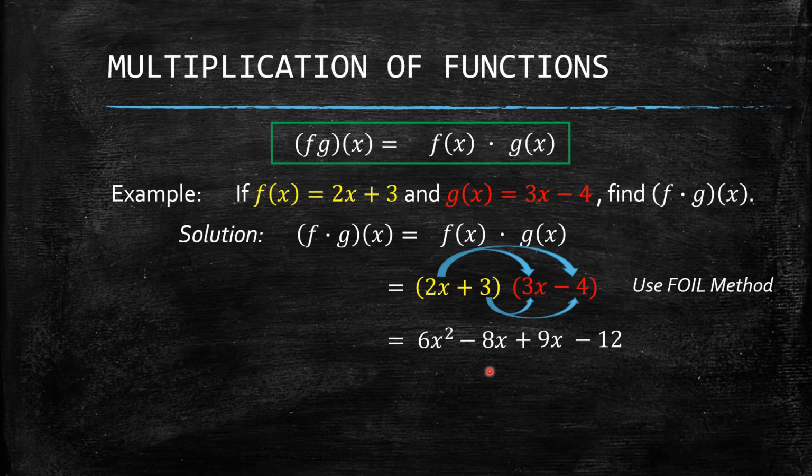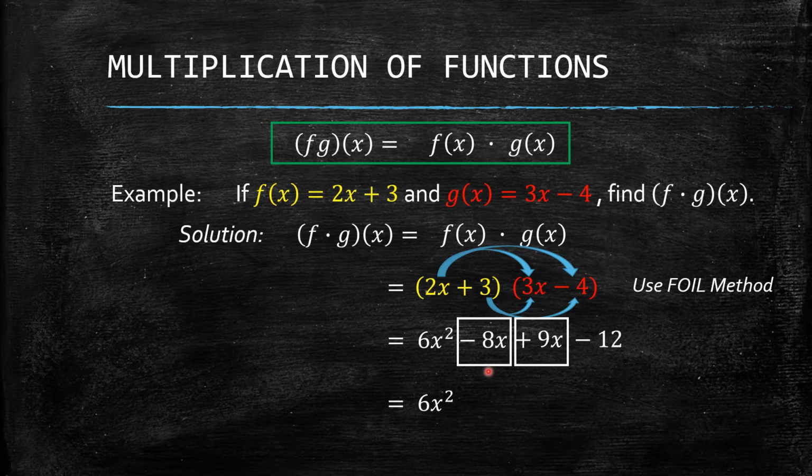So, when we say similar, they must be the same variable, they must be the same exponents, or the same constant as well. So, for this part, 6x squared has no similar terms, so we will just bring down 6x squared.